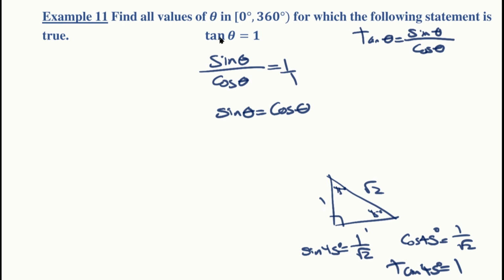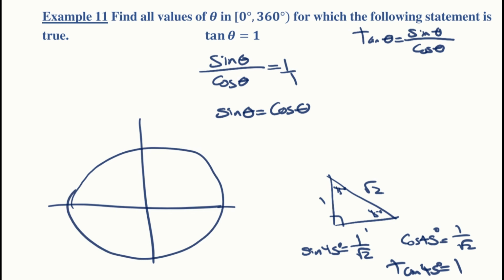So we know the angles we're looking for are going to be related to a 45-degree angle. So what relatives of a 45-degree angle would give us a positive 1 for tangent? Notice that can happen whenever sine and cosine are the same, and that happens in two locations.